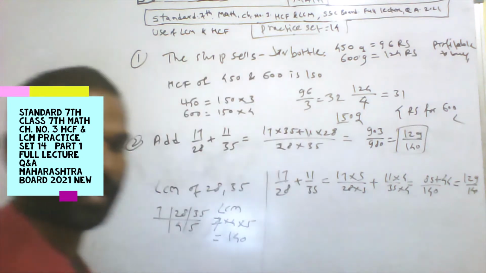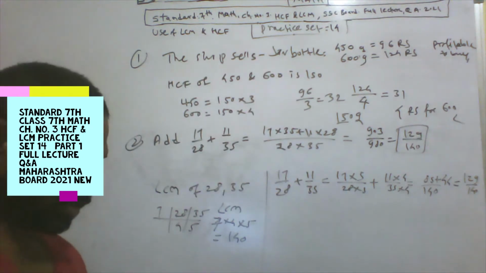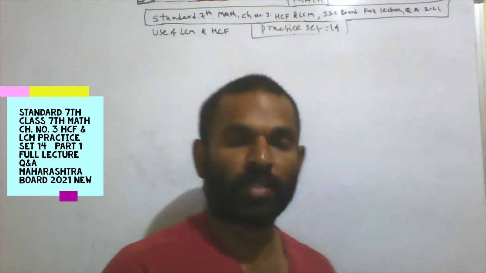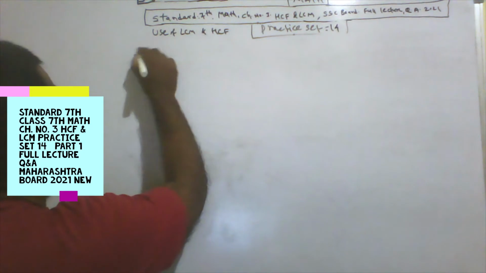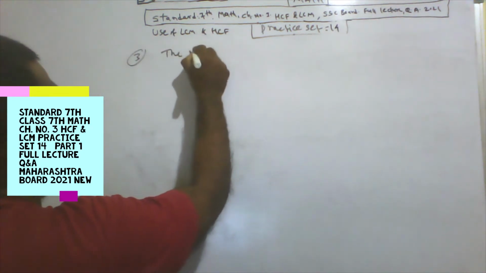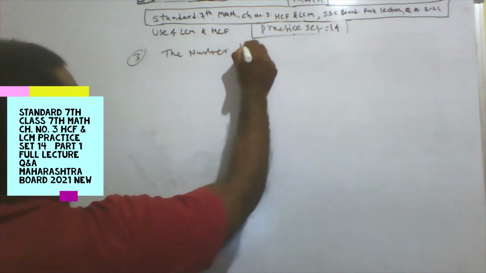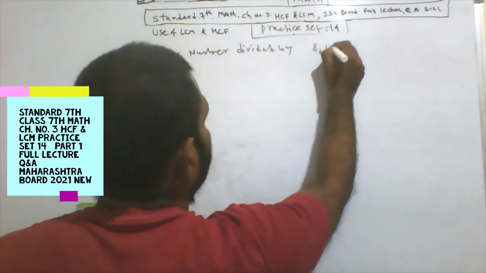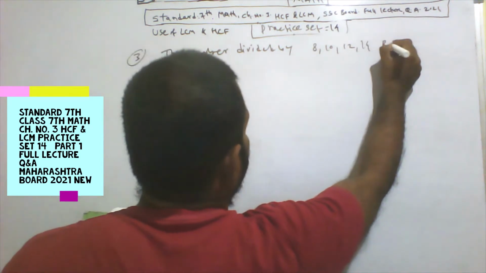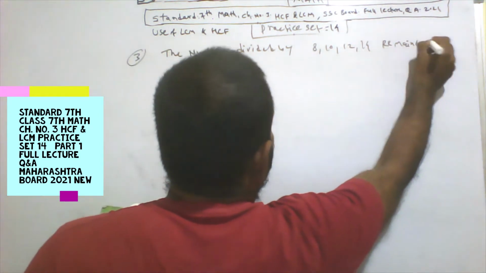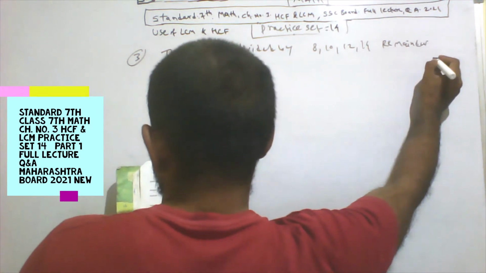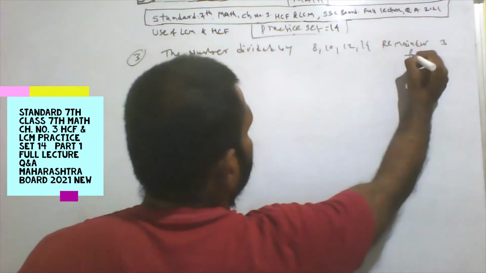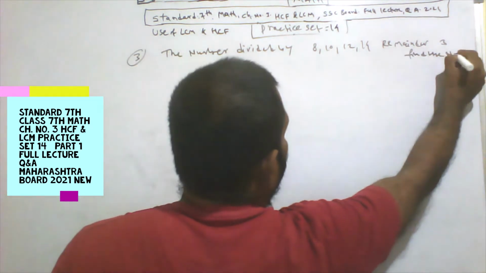It's so simple. Now the third question is about a number. There is a number that, when divided by 8, 10, 12 and 14, always leaves a remainder of 3.